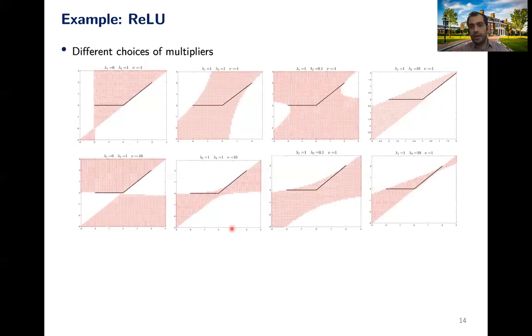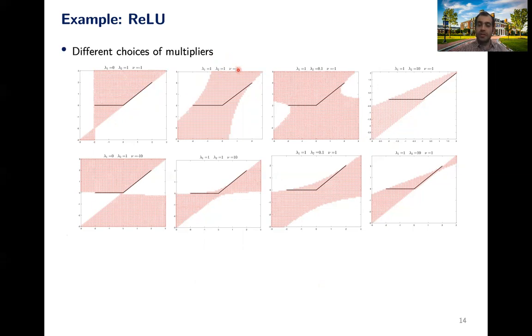Here you can see some sample realizations of the over approximation for different choices of multipliers. Regardless of the choice, it is always guaranteed to be an over approximation. In the final SDP that we develop for neural network reachability, depending on what objective we are optimizing in that semi-definite program, proper values for these multipliers will be chosen by the SDP.